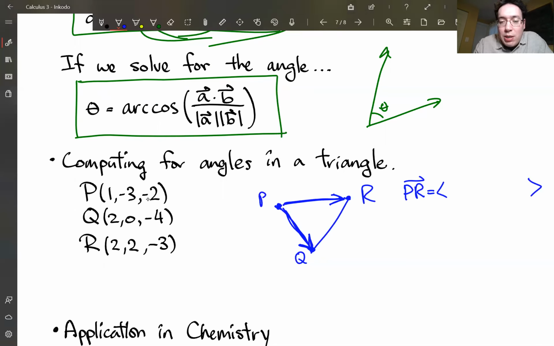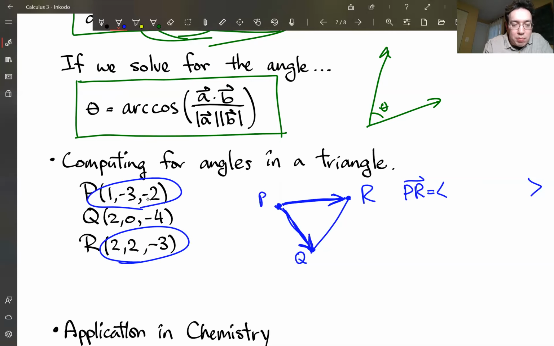Remember, when I want to draw a vector between 2 points, I subtract the components of the head of the arrow minus the tail of the arrow. So if I want a vector from P to R, I take the components of R and subtract the components of P. So 2 minus 1, 2 minus -3, and -3 minus -2 is -1.